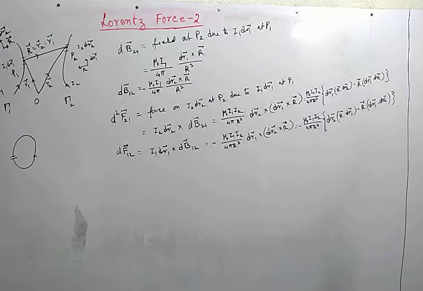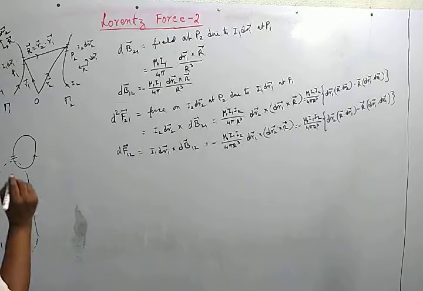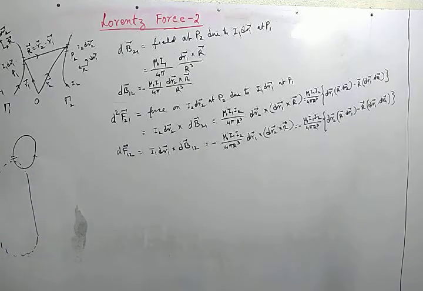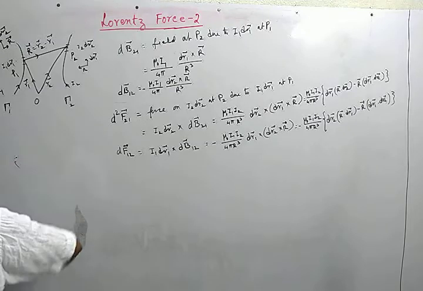Another situation is an infinite conductor, a conductor of very long length that forms a closed path of a circle of infinite radius. So the two situations are that both of them are closed conductors, or both of them must be straight conductors. We shall consider these two.